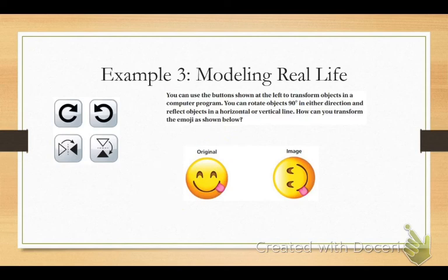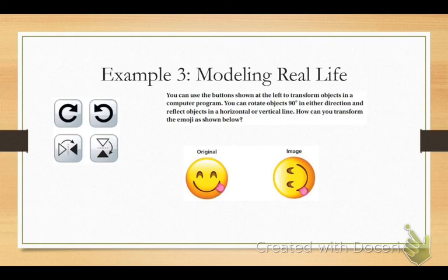So it's saying, which buttons would you push to turn the original figure into the image? But then, this is why the buttons become irrelevant. Then you have to tell me what type of transformation happened. The button kind of is showing you what transformation is happening. So again, that's why I don't really love the buttons part of this.